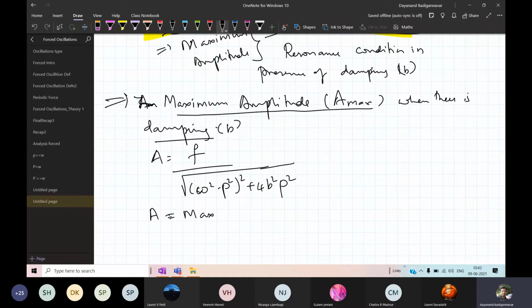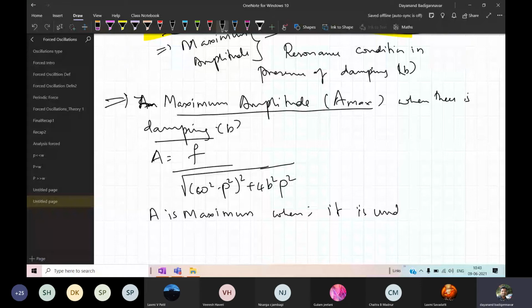A is maximum when it is under resonance condition.